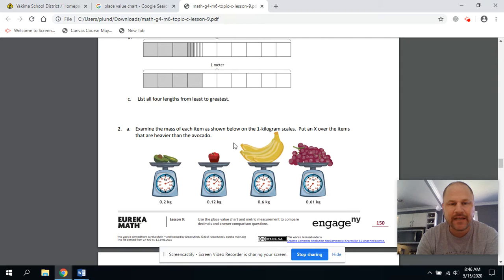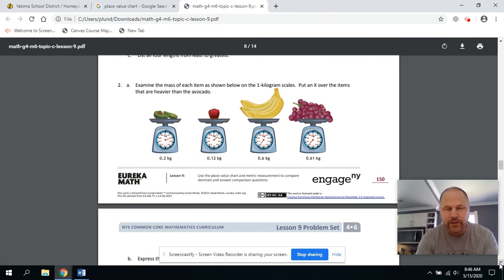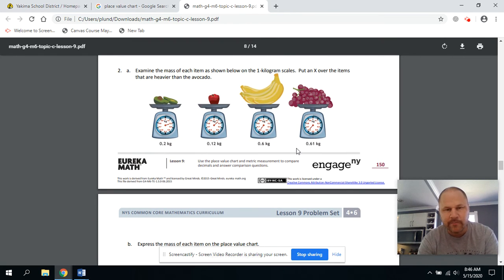Okay, examine the mass of each item and put X over the items that are heavier than the avocado. Well, the avocado is 0.2 kilograms, right? So, is this heavier than the avocado? Well, they're trying to trick you.